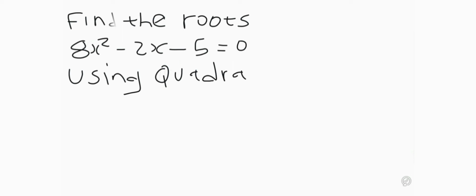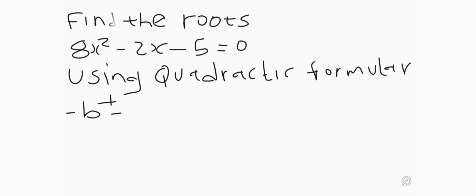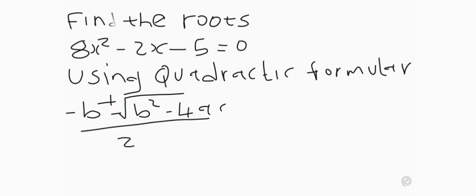So using the quadratic formula, minus b plus or minus the root of b squared minus 4ac divided by 2a, where the coefficient of s squared is your a, that is 8, the coefficient of s is your b, that is minus 2, and c is the constant, which is minus 5.